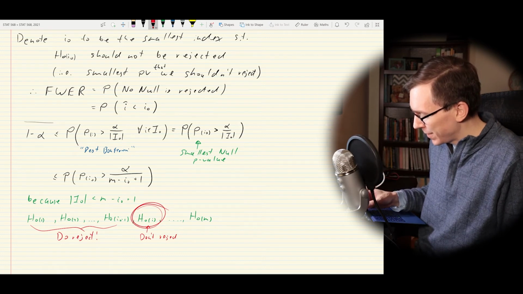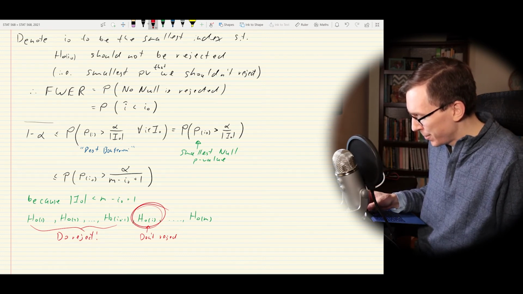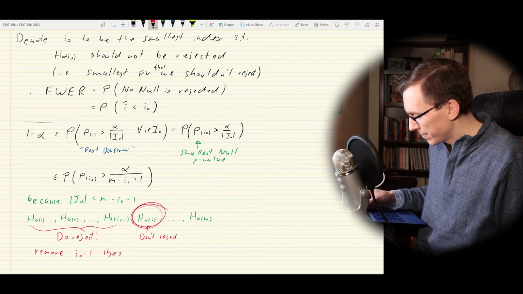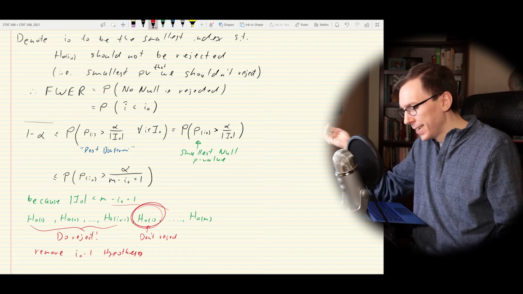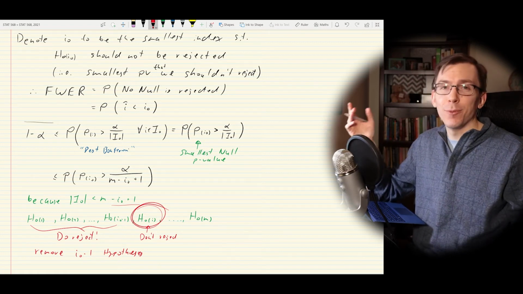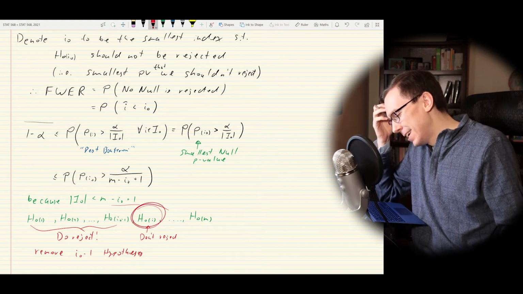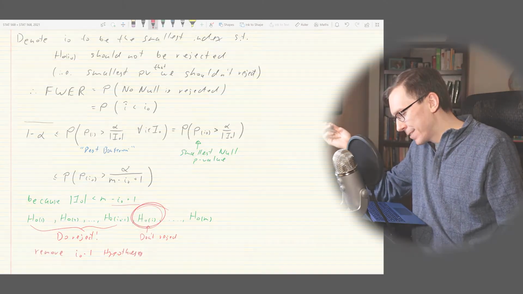And what is to the left of it? Well, there are basically I naught minus 1 hypotheses removed. And that's exactly why I subtract I naught minus 1 here. I'm saying that I don't know exactly what the cardinality of this I naught is, but it has to be less than that.